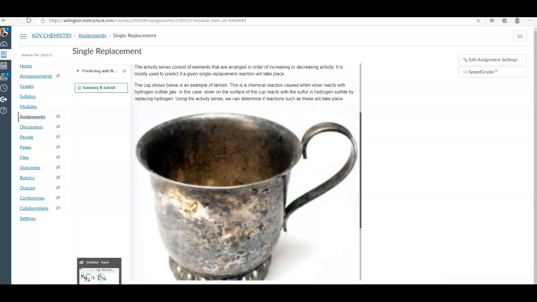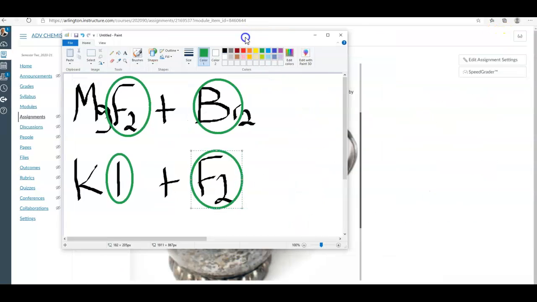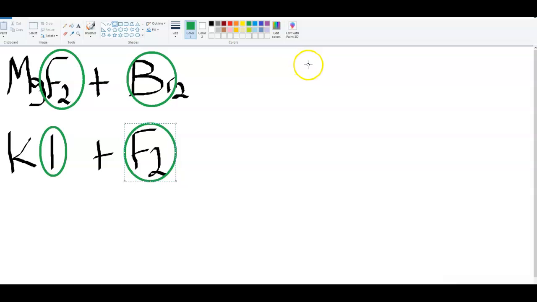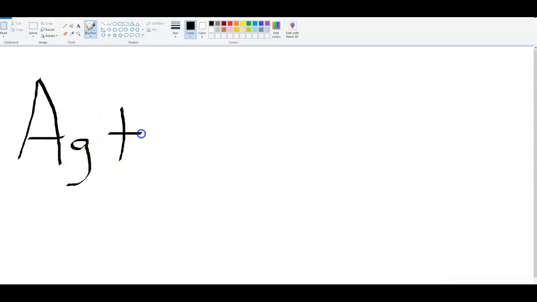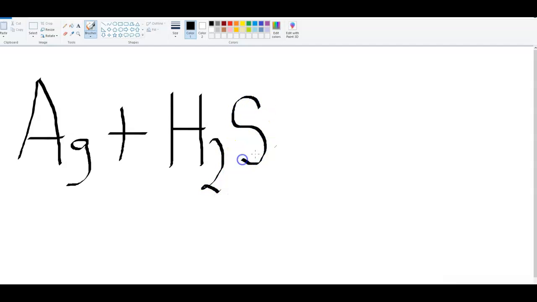Based on the activity series, silver is reacting with hydrogen sulfide in the atmosphere. Let me show you the equation for that. Let's say we have silver. Silver is Ag, that's the symbol for silver, plus, in the atmosphere, you have H2S, which is hydrogen sulfide. Hydrogen sulfide in the presence of moisture, water vapor, is acidic.